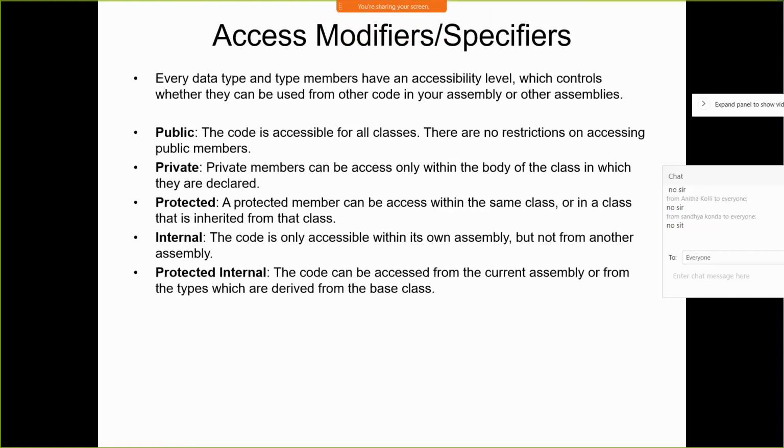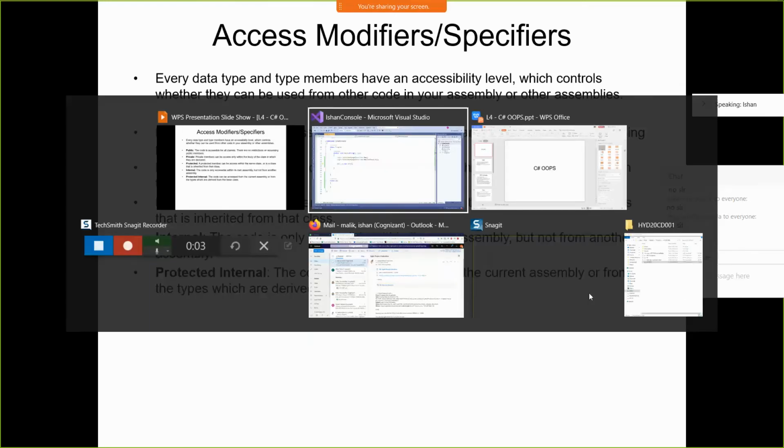Now access modifiers or access specifiers, both are the same. Some of you were asking me about public, protected, private, all these things in one of the very first lectures. These are known as access modifiers, which decide the accessibility of your class, your fields, or your variables or members.